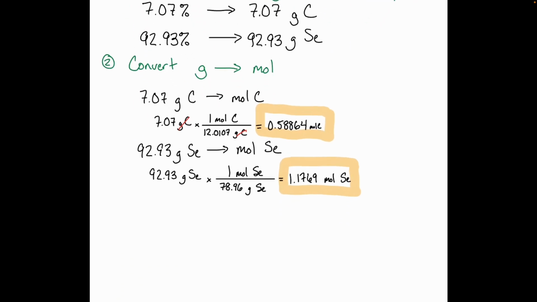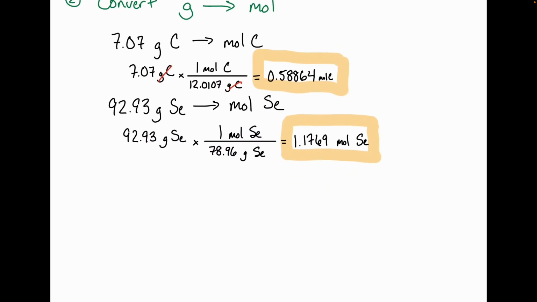Now, I can't just say that my formula is carbon 0.58864, selenium 1.1769. We can't have these fractions, these decimal numbers in our empirical formula, right? We have to have whole numbers, counting numbers, 1, 2, 3, 4, okay?